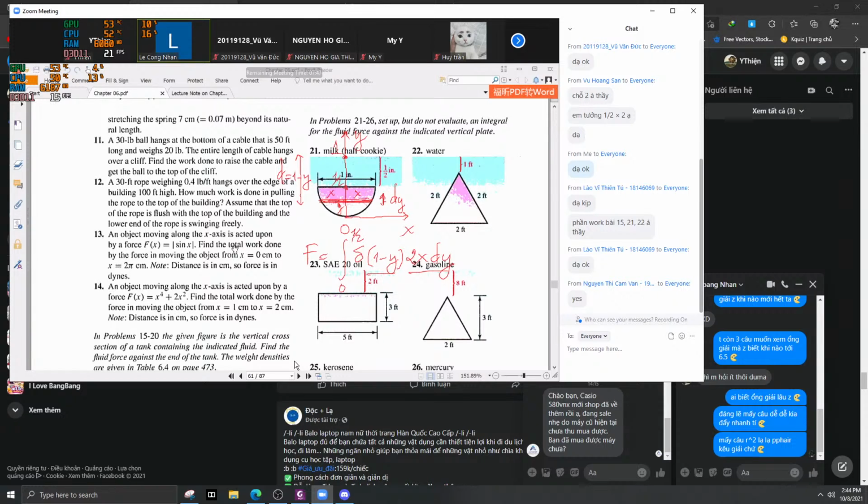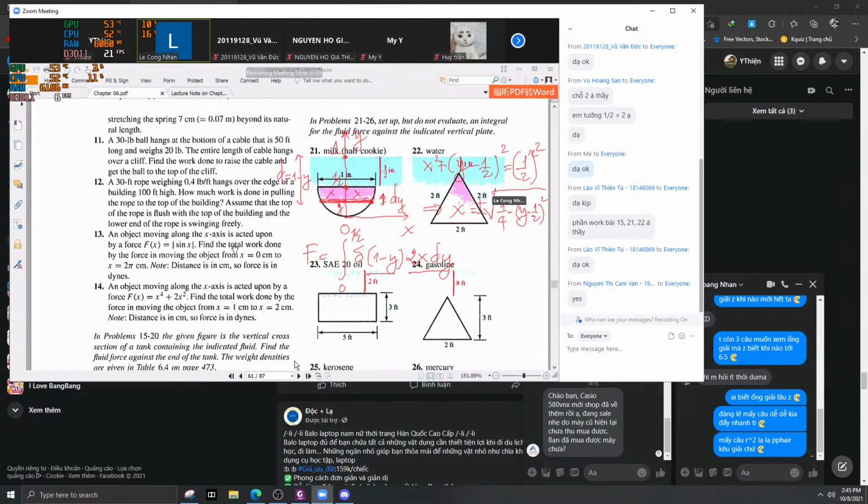Notice that this point has coordinates (x, y), and we need to write the equation of the circle, because this circle is centered at x equals 0, y equals 1/2. So the equation of the circle is x squared plus (y minus 1/2) squared equals (1/2) squared. From this we get x equals plus or minus the square root of 1/4 minus (y minus 1/2) squared.